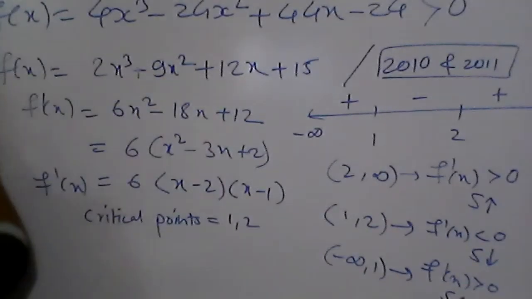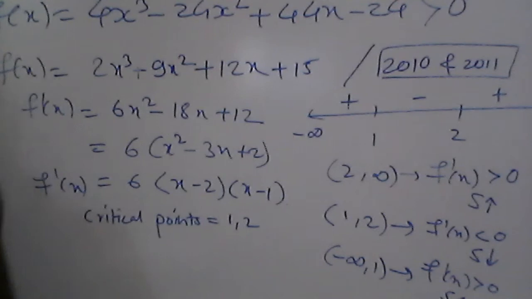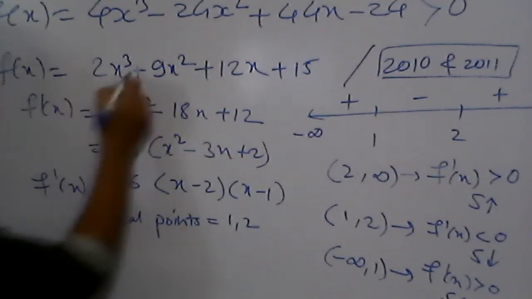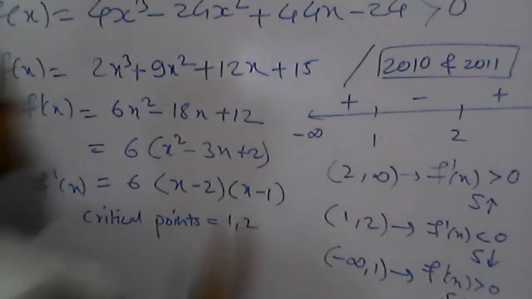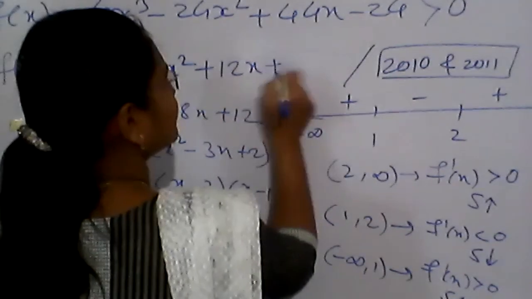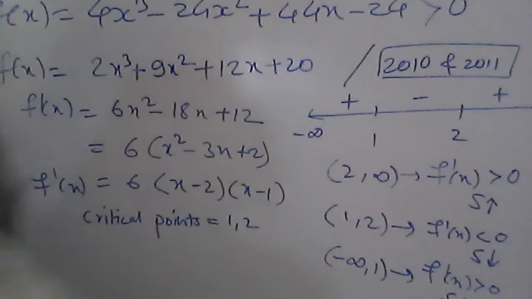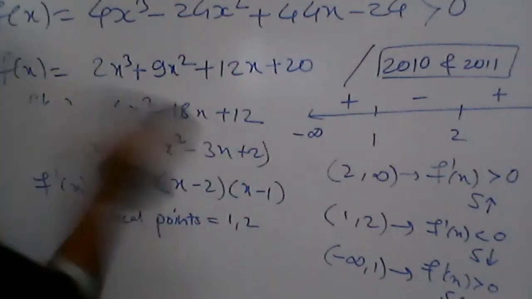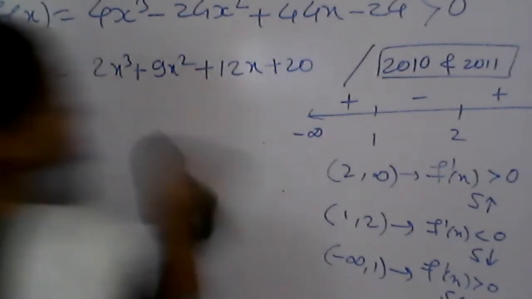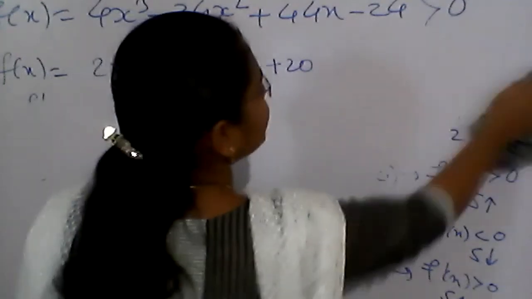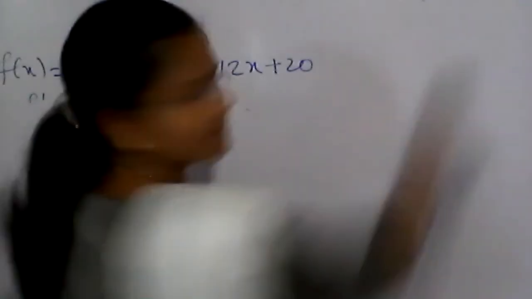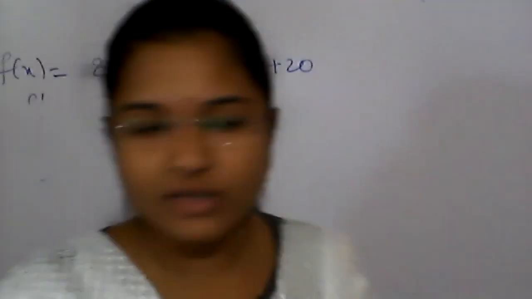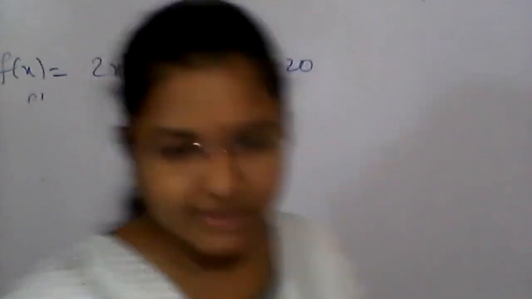Fourth question I am telling you. Plus 12x plus 20. Okay, find the intervals in which the given function is increasing, strictly increasing and strictly decreasing. Come on, tell me quickly. What is the time now? It is 4:22. Come on, tell me quickly.